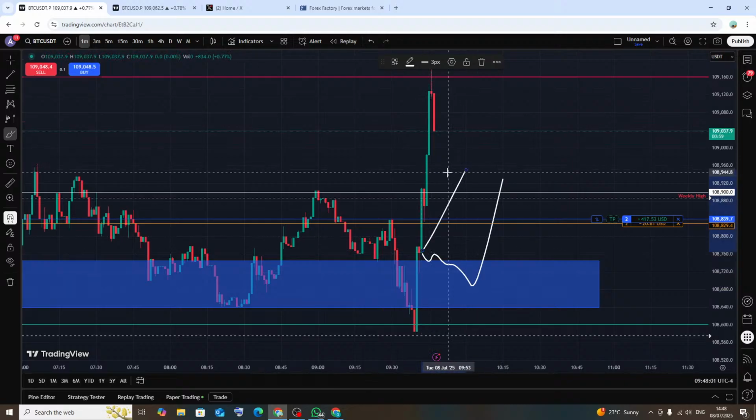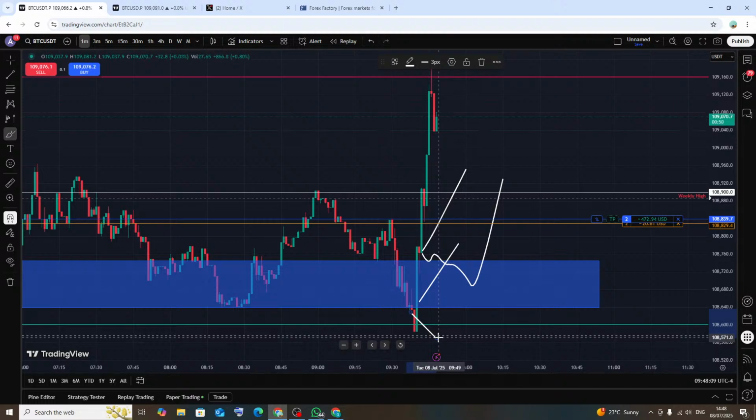If it has to be aggressively bullish, then you have to buy, and you put your stop loss just there. This will be an aggressive trade on charts. And I have seen that I usually prefer not to do aggressive trades.